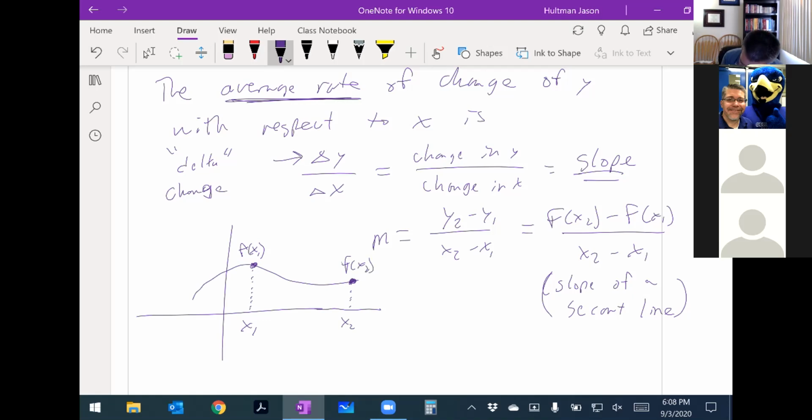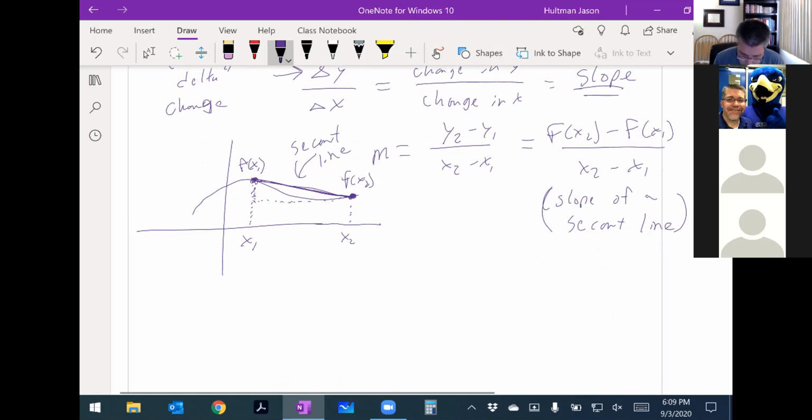So the rate of change is going to be the change in the y's, how much did I go down, over the change in the x's, how much did I go over? And that is just the slope of what we call a secant line. This is a secant line that attaches a line to two points on the curve. The average rate of change over that period is just going to be the slope of that secant line.